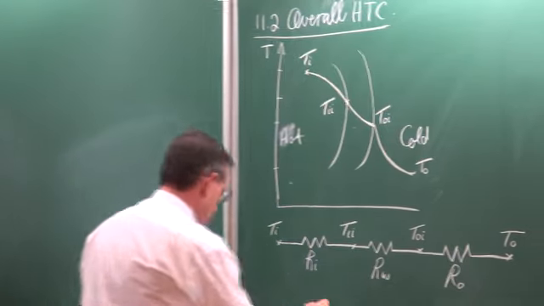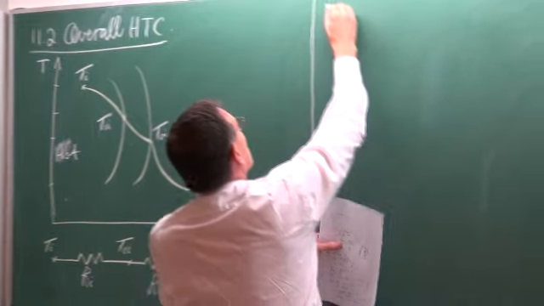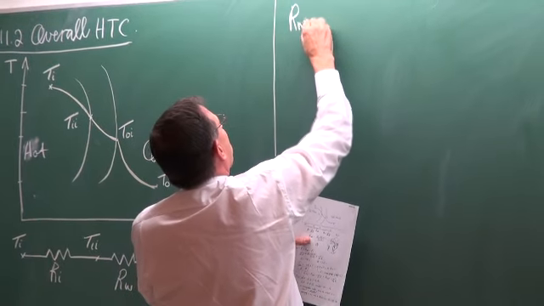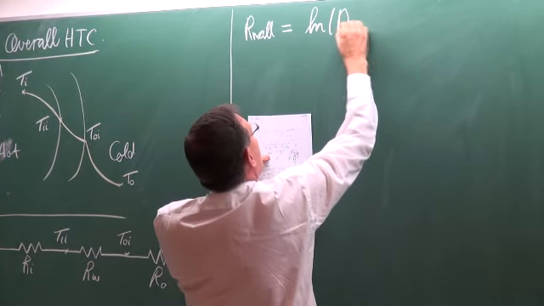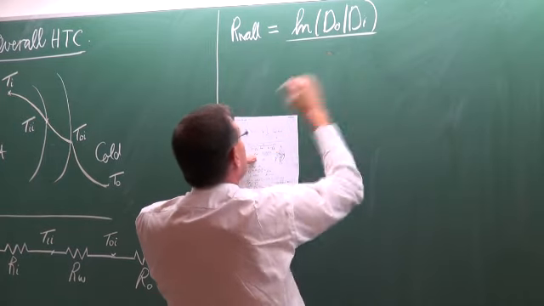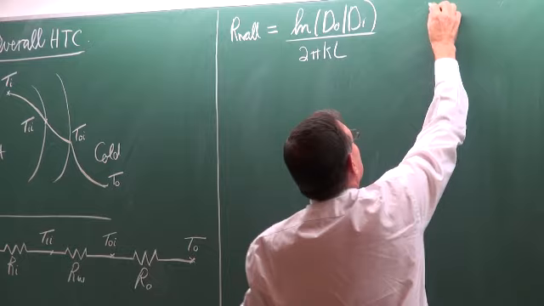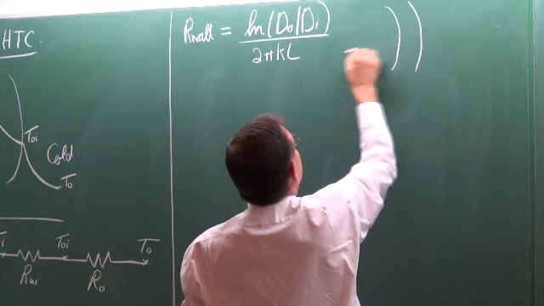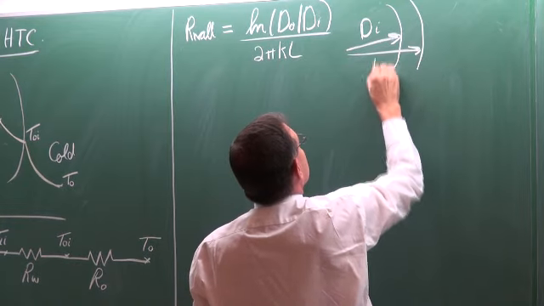Okay. Where the resistance of the wall is equal to the ln of the diameter ratio divided by 2 pi KL, if that would be the wall, and that would be the inner diameter, and that would be the outer diameter.